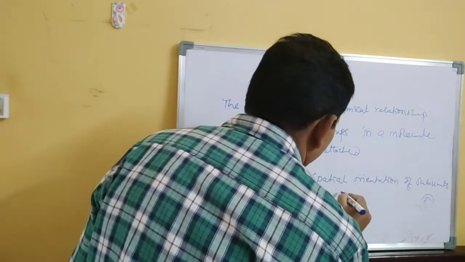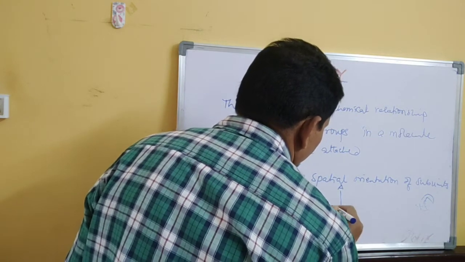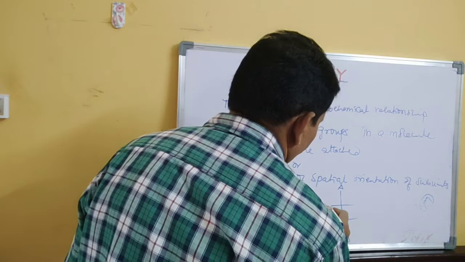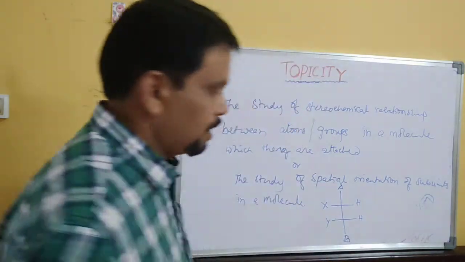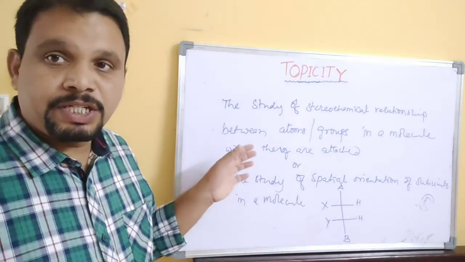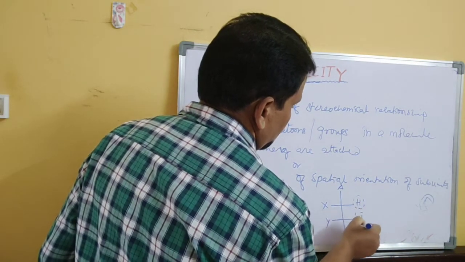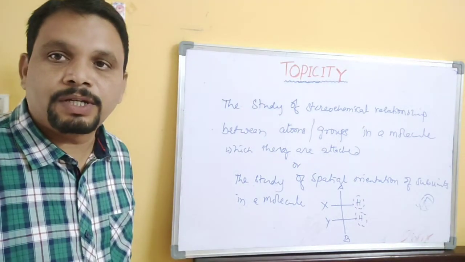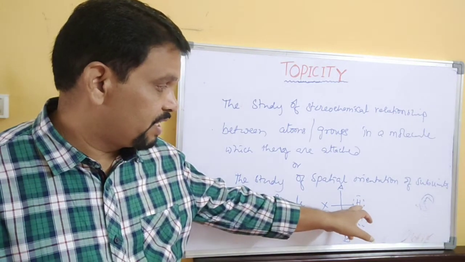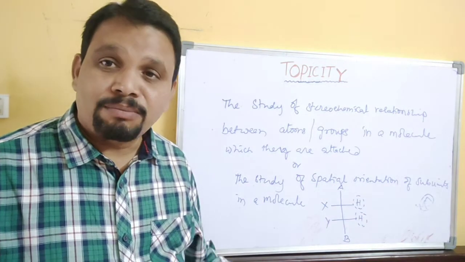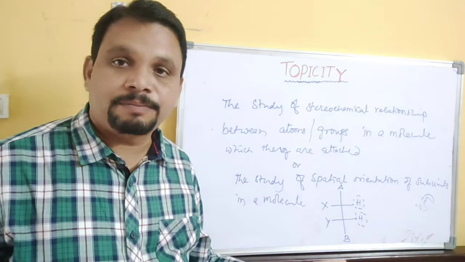I gave you one illustration, one example: X and Y, hydrogen and hydrogen. Topicity means these atoms or groups attached in that molecule. We will find out the relationship between atoms or groups in a stereoisomer, in a chiral stereoisomer.